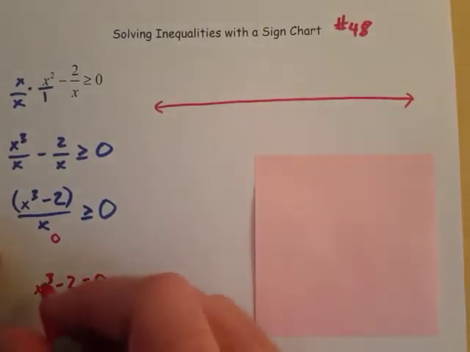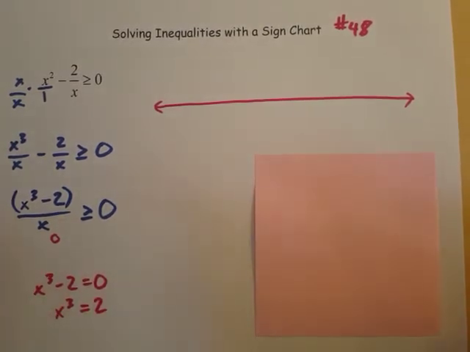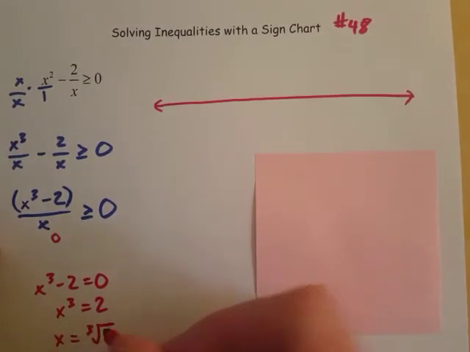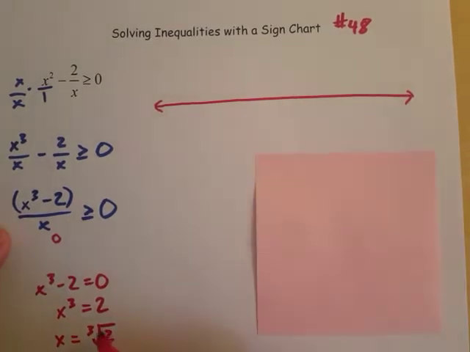And so add the 2, x cubed equals 2, and then take the cube root of both sides, meaning that x is equal to the cube root of 2. Now, since it's a cube root rather than a square root, we don't have to worry about plus and minus here. It's just cube root of 2.